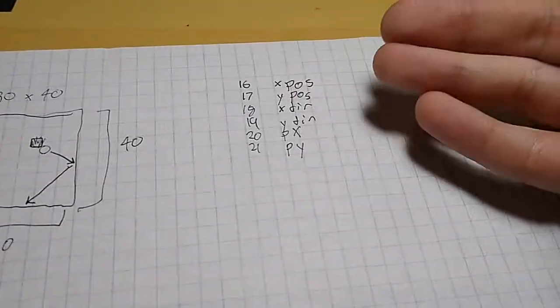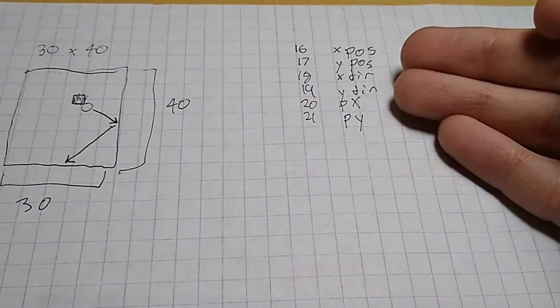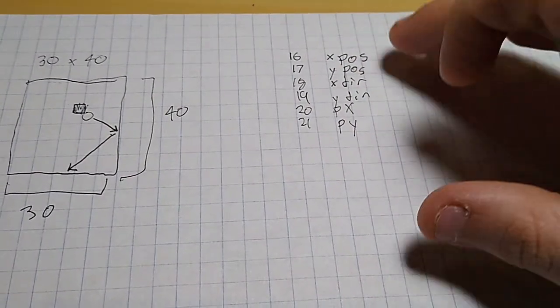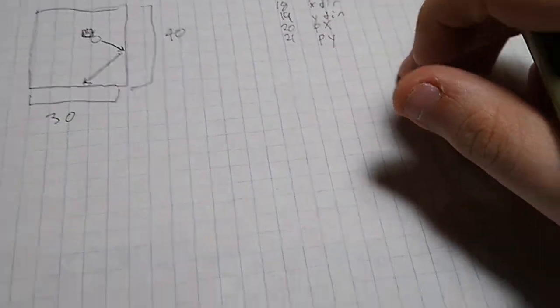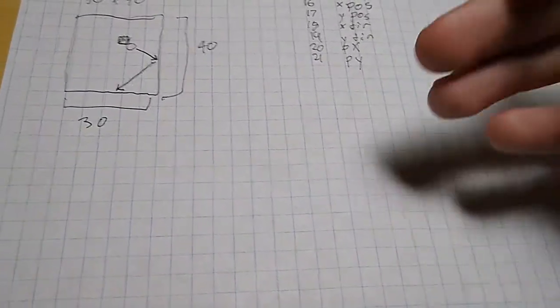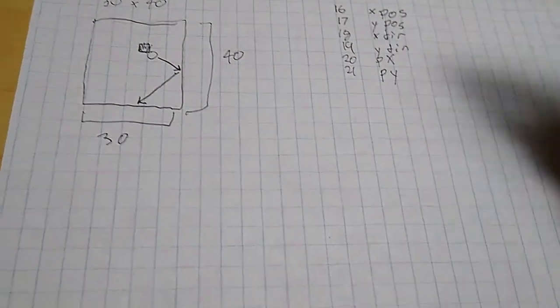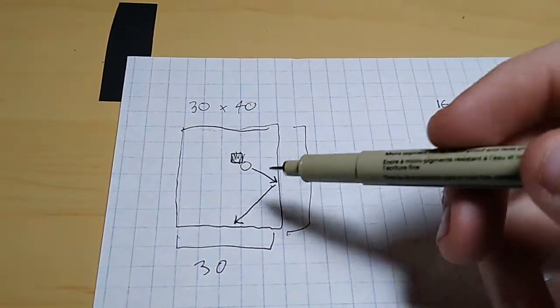Now that we've figured out the variables we want to store, we have to figure out the logic of how to use them. For each tick or frame or whatever, we want to figure out whether or not this ball is on an edge.